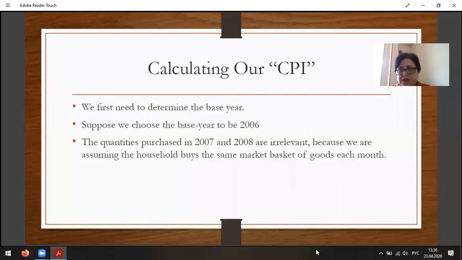Suppose that the base year for our calculations is 2006. So quantities purchased in the next years, 2007 and 2008, are irrelevant, because we are assuming that the household buys the same market basket of goods every month.